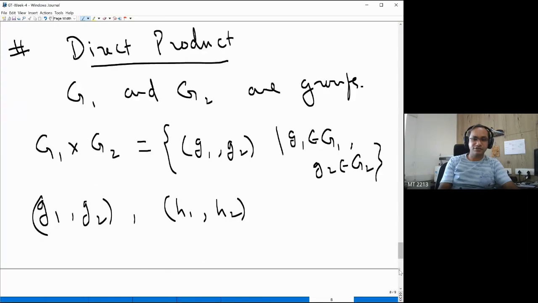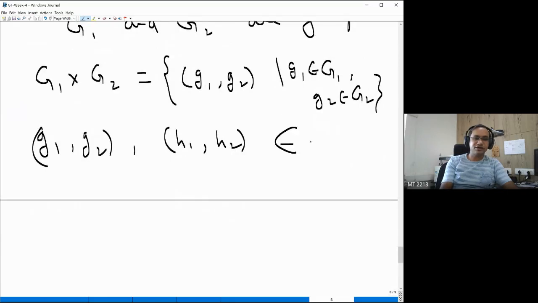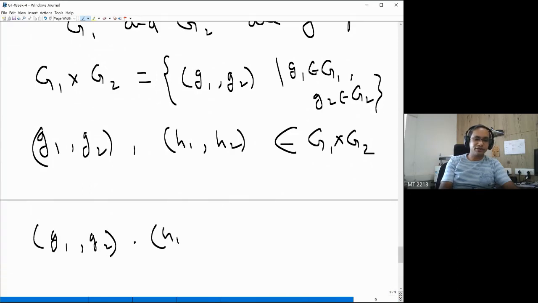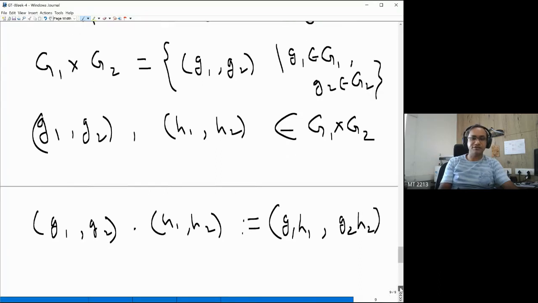I define the multiplication using the multiplication of G1 and the multiplication of G2: I take g1 h1 in the first component and g2 h2 in the second component. This is how I define the multiplication here.